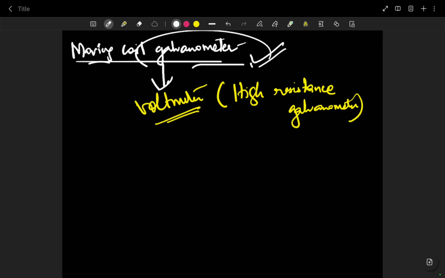All that we have to do is connect a high resistance in series with the galvanometer so that it draws a small current. Otherwise, voltage measurement will disturb the original setup by a very large amount. So a resistor is connected in series to make the moving coil galvanometer into a voltmeter. The value would be V by Ig minus Rg.